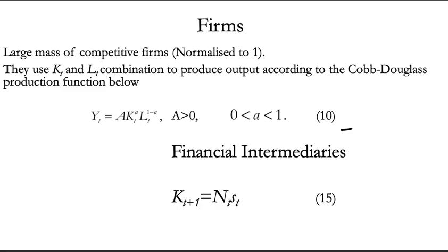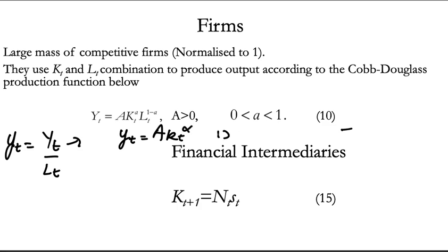First of all, in terms of output per worker, we have small letter y_t, which is Y_t over L_t. Because of this, we can rewrite expression 10 as output per worker equivalent to A K_t^alpha, and this one is expression 11.